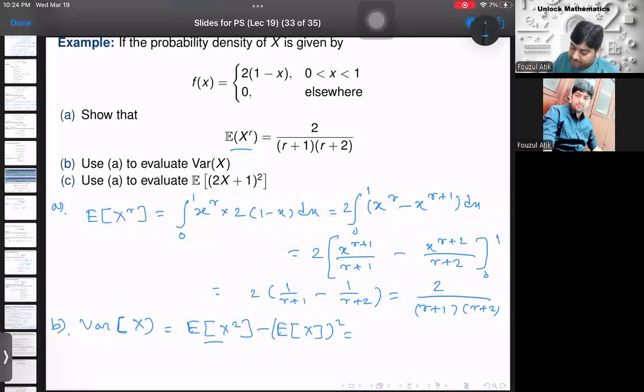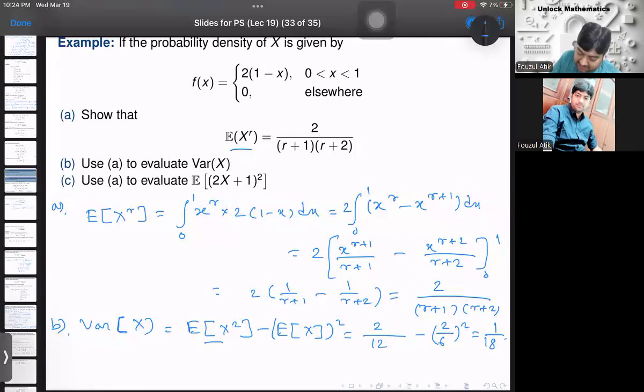So it is 2 by 2 plus 1, that means 3 into 4, right? 2 by 3 into 4. So 2 by 12 minus E of x, which you get by putting r equal to 1. It is 2 by 2 into 3, so 2 by 6 whole square. If you simplify it, you will get 1 by 18.